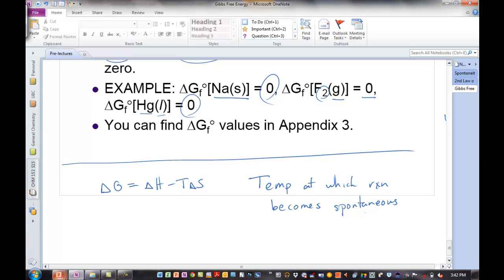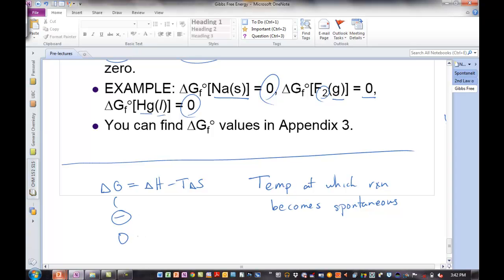Now, we really want to know when delta G becomes negative. But what negative number do we choose? -1, -0.1, who knows? So what we do instead is we say, well, let's set delta G equal to 0, because that's right when delta G is about to become negative.